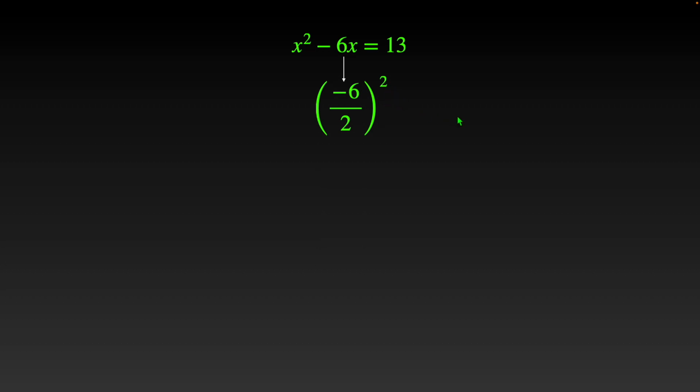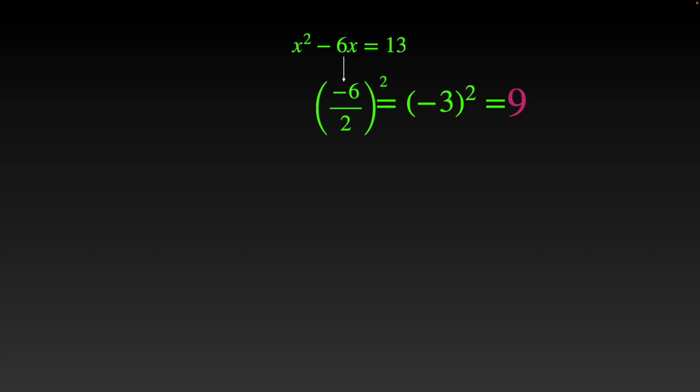So in this case, -6 divided by 2, that's -3, and now we square it. -3 times -3 is +9. Negative number times negative number is a positive number. So we have 9. What do we do with this 9?